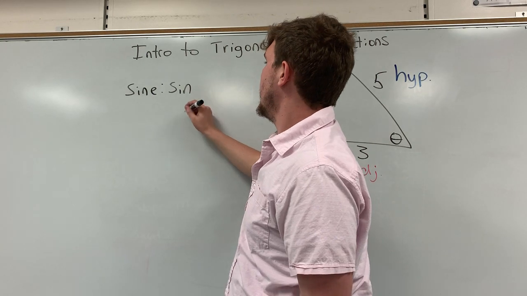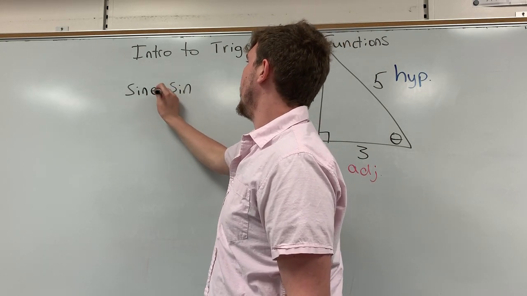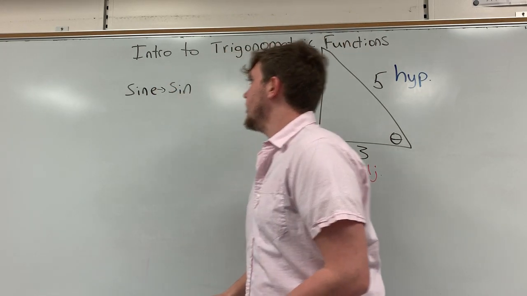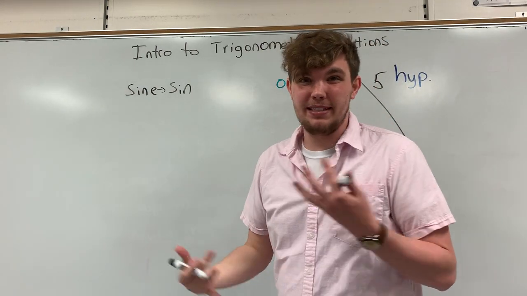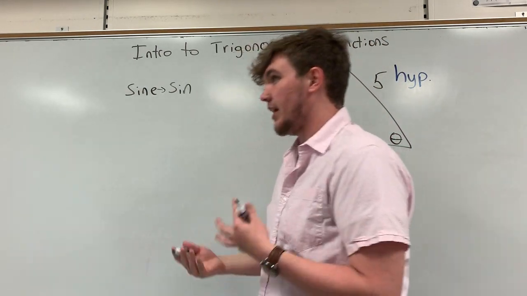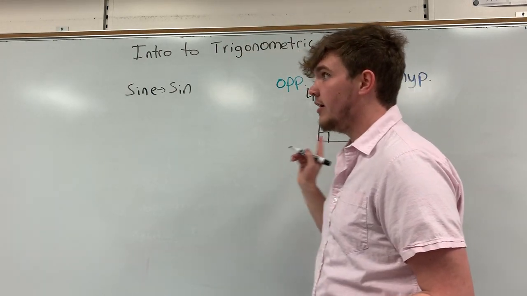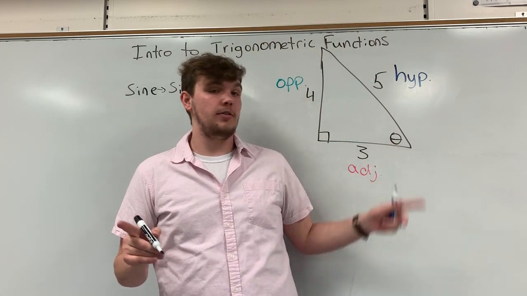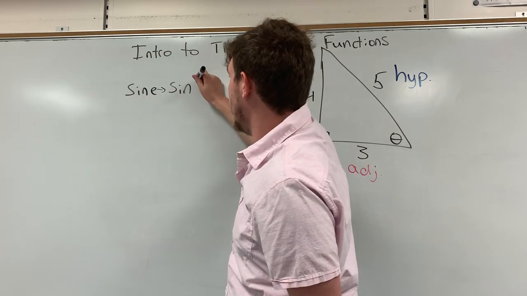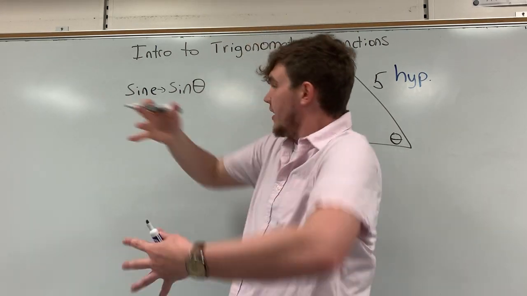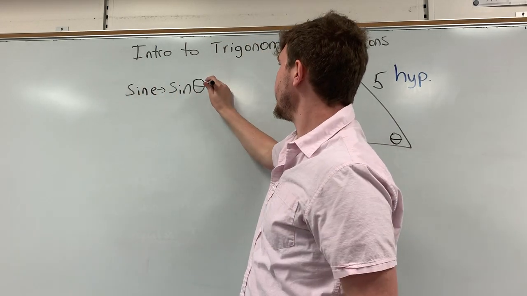Sine is really just SIN because mathematicians are lazy. And then, what are you taking the sine of? You're taking the sine of the angle theta, so I need an angle theta in there. I'm taking the sine of theta.